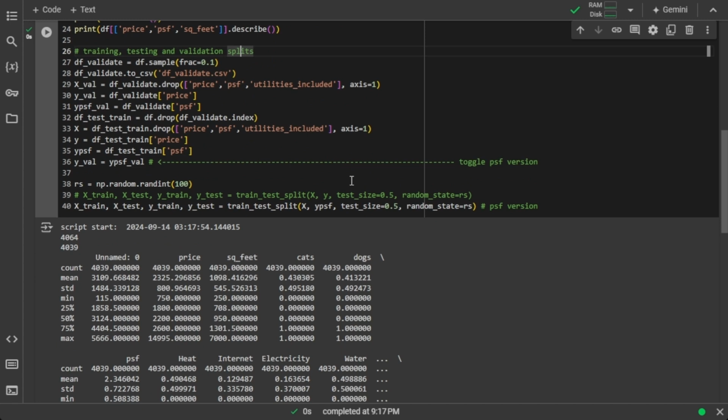Now, the way that I like to split is I like to make 3 data sets. I like to split out a validation data set at the very beginning, and I save that till the end. So that way, that data never contaminates the model until testing phase at the very end.